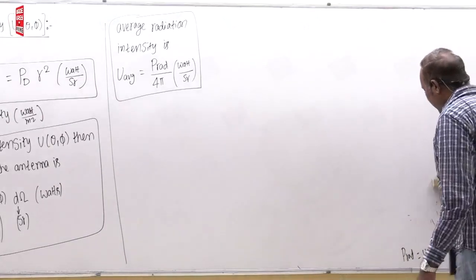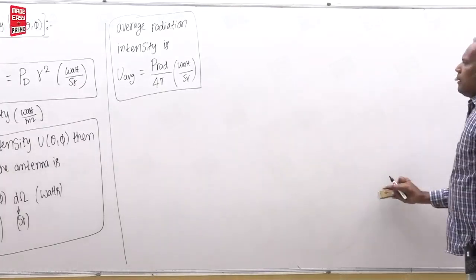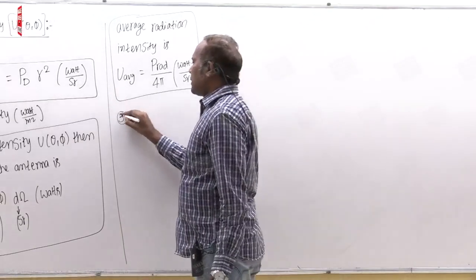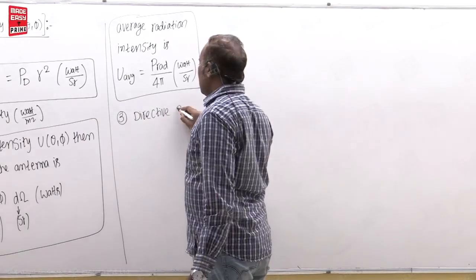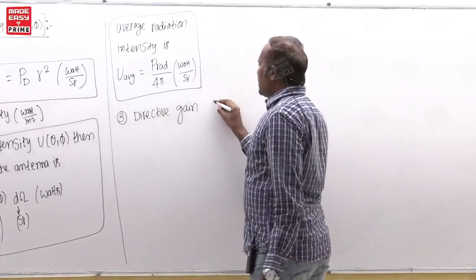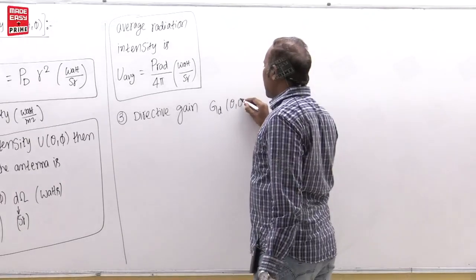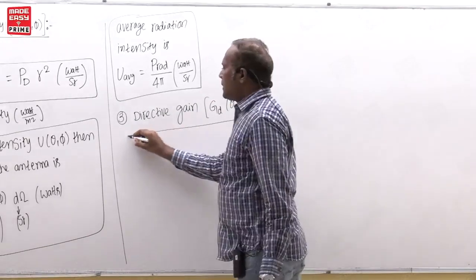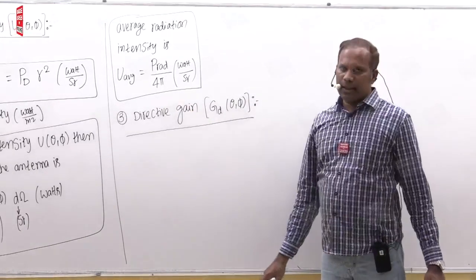That is called directive gain. Gain symbol is G, suffix D means directive. This is also a function of theta and phi. That means if the vertical angle or horizontal angle changes, the directive gain value is going to change. Gain has no unit.